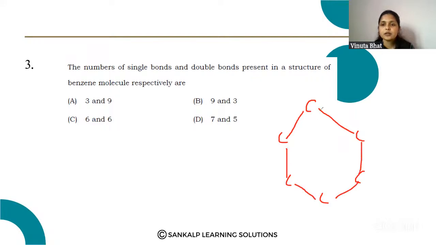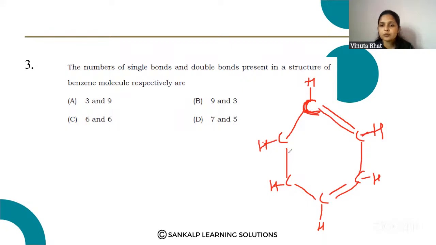So the formula is C6H6, and a hydrogen is attached to each carbon like this. But carbon has a valency of 4, and here only 3 is fulfilled. So I will add the double bonds here.